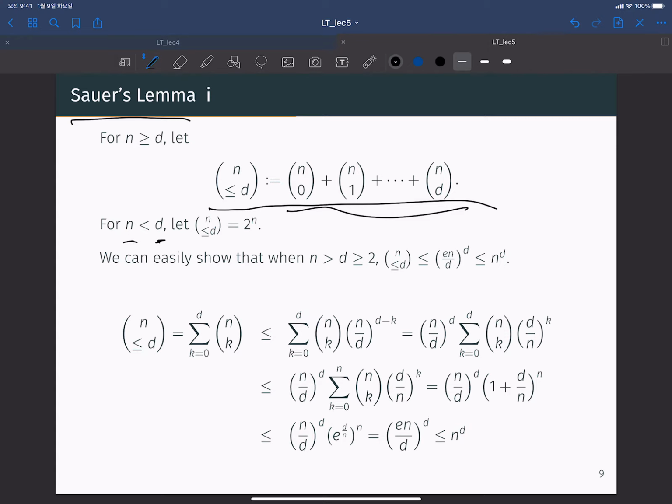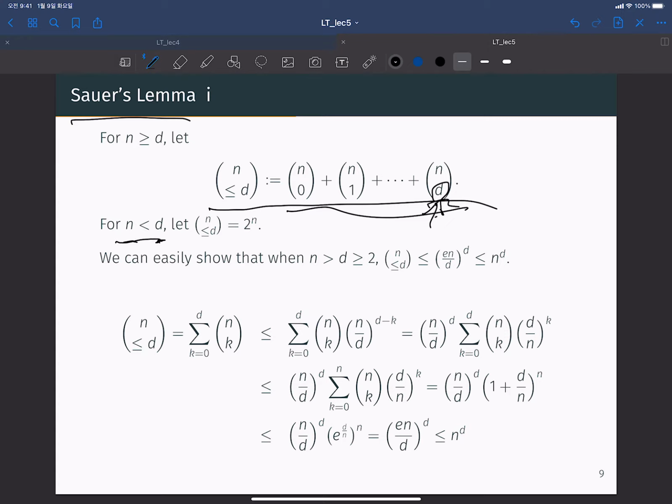not well defined, right? Because when you write down n choose d, the underlying assumption is that d is smaller than or equal to n. So when d is strictly larger than n, this is a little bit not well defined.